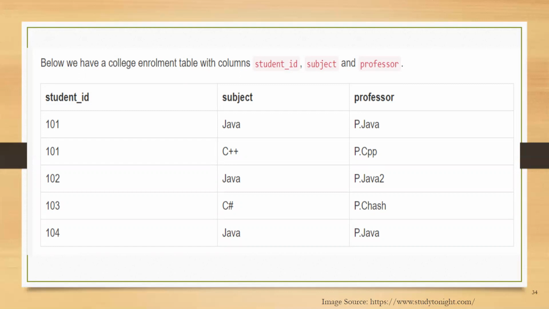The reason is that in the above table, student ID plus subject together form the primary key, which means the subject column is a prime attribute, but there is one more dependency, that is, professor dependency over the subject. While subject is part of the primary key, professor is a non-prime attribute. This combination is not allowed in BCNF.